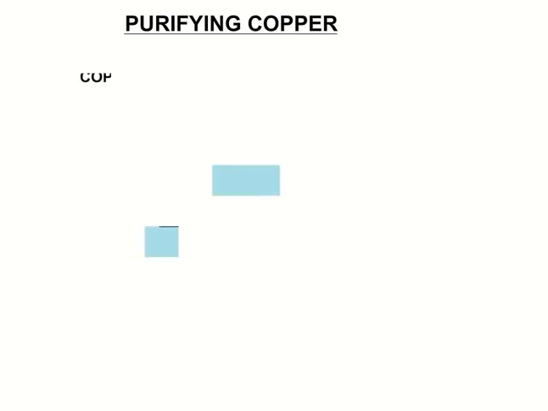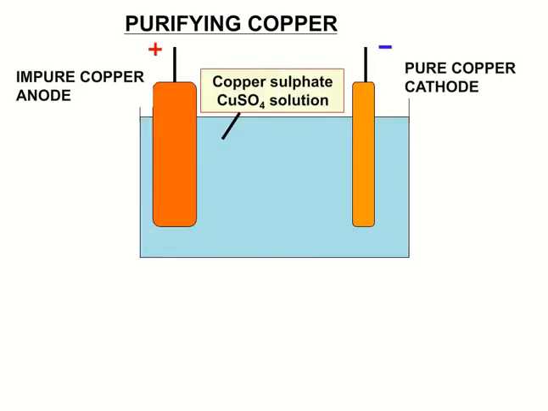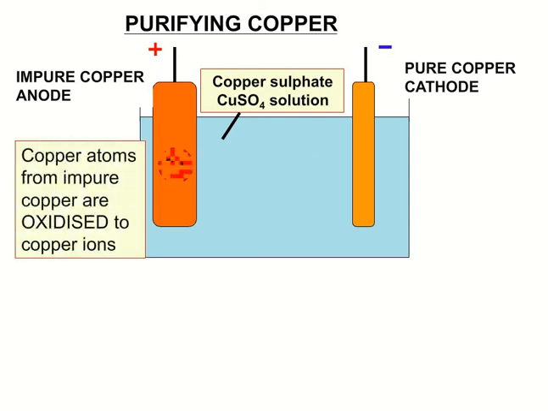Purifying copper. The impure copper rod is the anode. Pure copper is the cathode. Copper sulfate solution is present. Copper atoms from the impure copper are oxidized to copper ions.